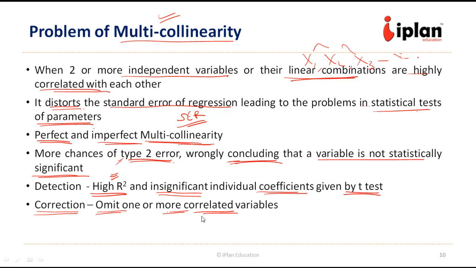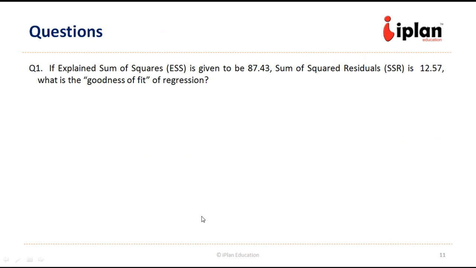Now let us take a few questions here. Question number 1 says, if explained sum of squares ESS is given to be 87.43 and sum of squared residuals SSR is 12.57, what is the goodness of fit for regression? Or in other words, what is the coefficient of determination in this case?